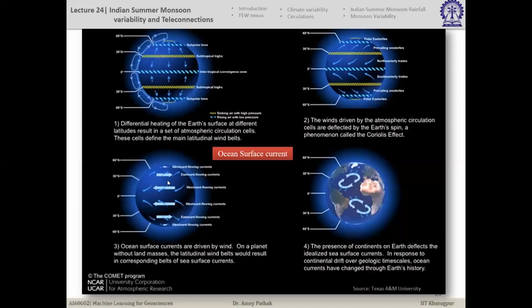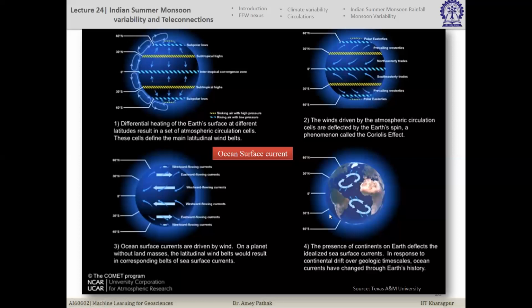But because of the presence of different land masses, this surface current gets disturbed. This is how the surface current will look in the presence of various continents and land masses. The current will deflect because of the presence of land.